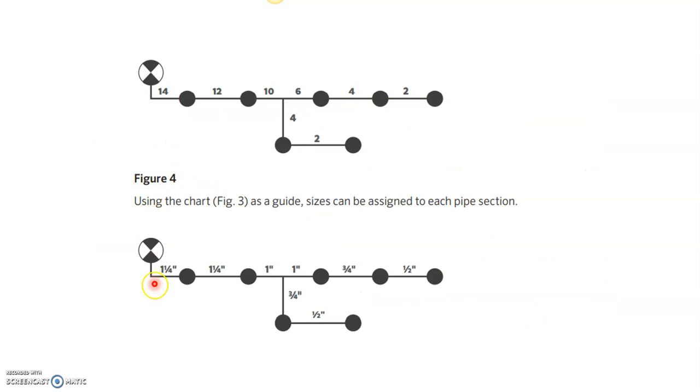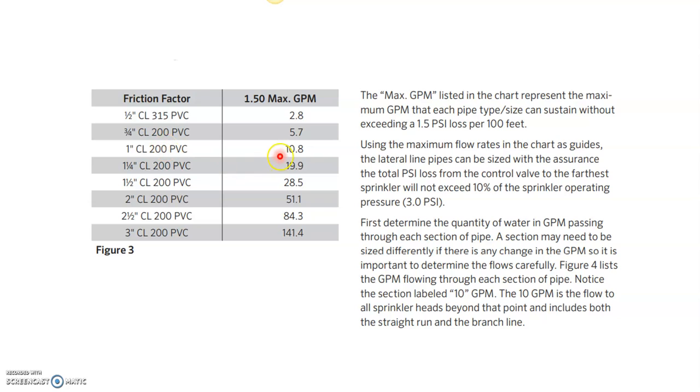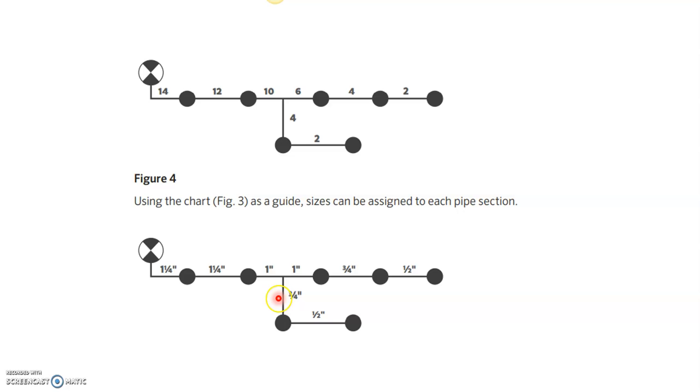I have sized this as 1.25 inches, and this section needs to give 12 gpm, which also falls between 1 inch and 1.25 inch, so we give 1.25 inch. Similarly, for this section it is 10, for this section 6, this section 4, this section 2. We need to size according to the tables which have been calculated before for the different pipe sizes.